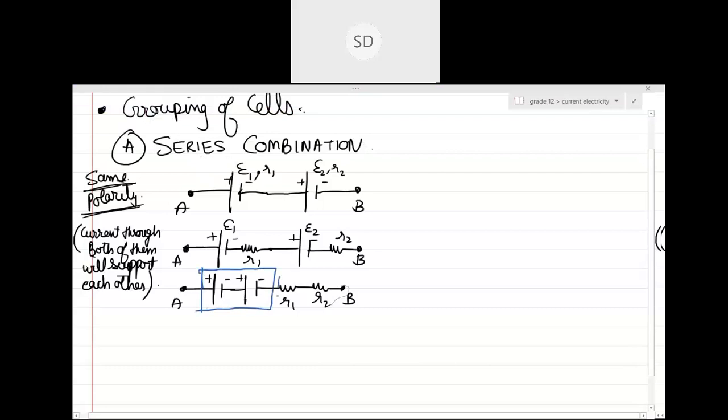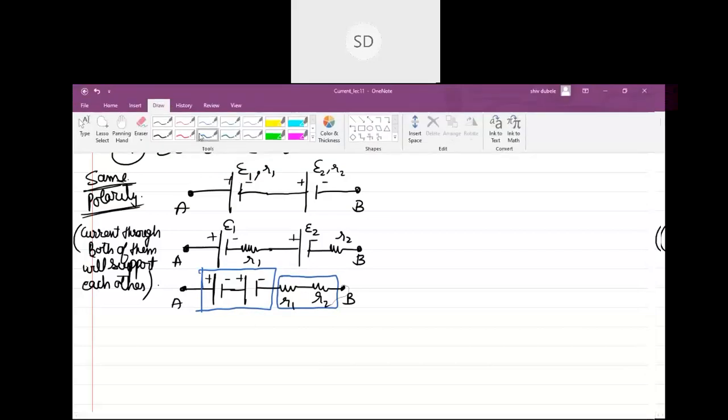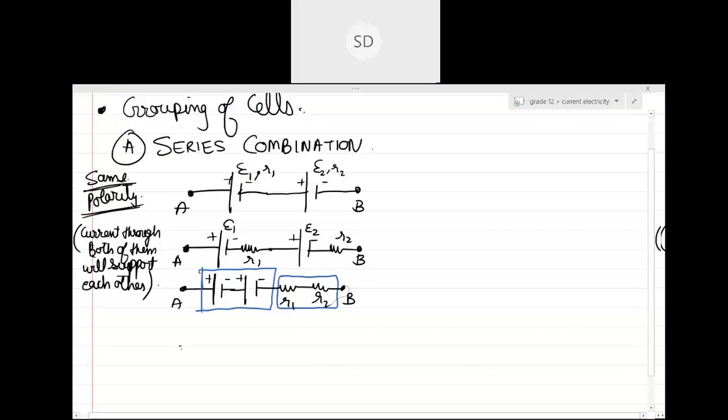Can you see basically what I am doing? I'm clubbing these two and I'm clubbing these two together. If I club these two together, will I get my equivalent battery, my E equivalent, and my R equivalent? If there are batteries which are in series or parallel, I can do this. Yes or no?